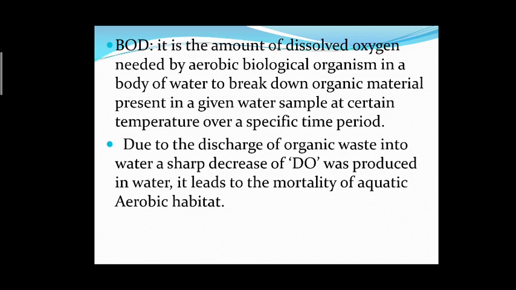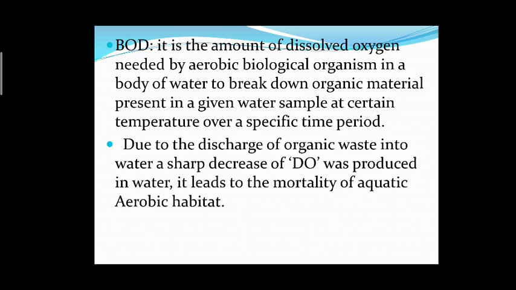That means BOD indicates the level of pollution in water. If BOD is greater, dissolved oxygen will be lesser. That means the aquatic flora and fauna get less amount of oxygen.